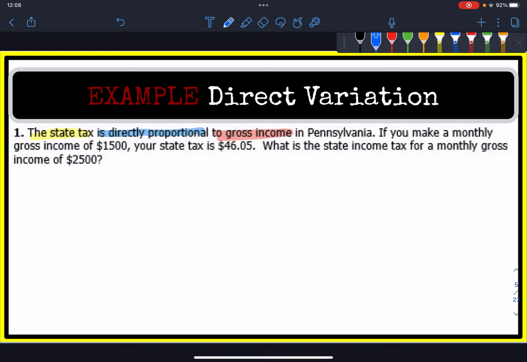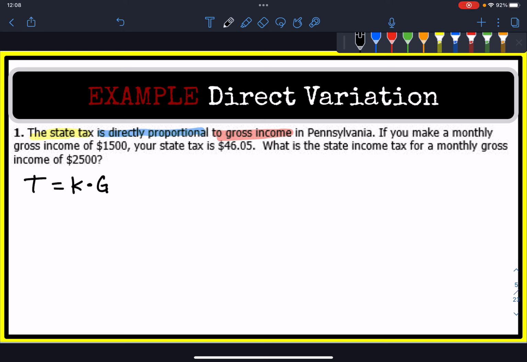But instead of using the generic values of y and x, let's use T for tax, multiplied by our constant and the gross income, which we'll call G. So here, this is the relationship between the tax and the gross income. T equals k times G.